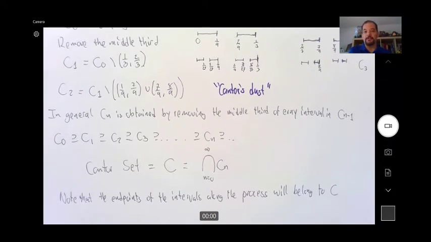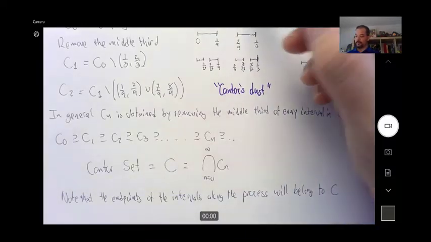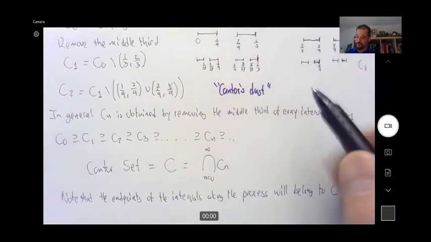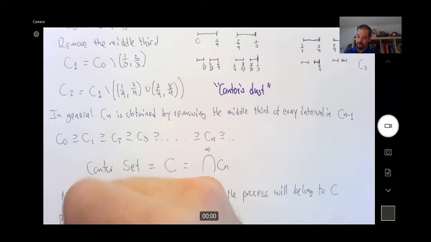Now, the intervals are not that surprising. The endpoints of the intervals, I mean, it's not that surprising that those guys survive. But there are others. There are others that are not endpoints, and they survive regardless. So, for example, 1/4, the number 1/4, you don't see it here in this picture. So let me just write here.